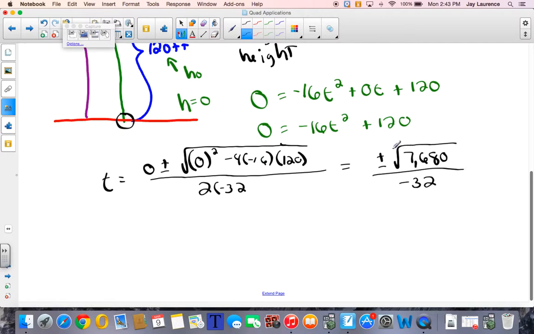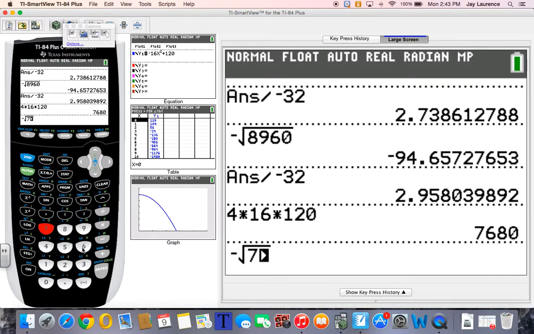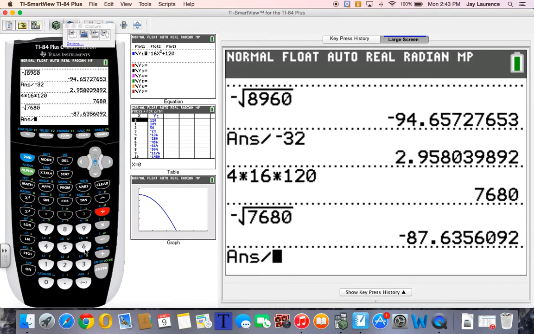Now, one of these square roots is going to be positive, and one of them will be negative. I'm not interested in the positive one because when I divide by negative 32, I'll get a negative answer. So I'm going to take the negative of the square root of 7,680, and I'm going to divide that by negative 32.